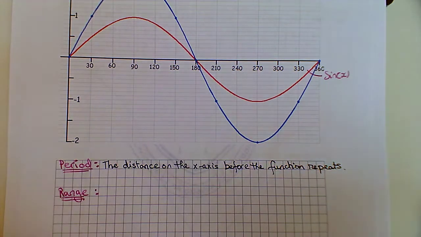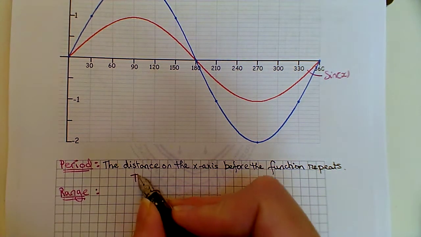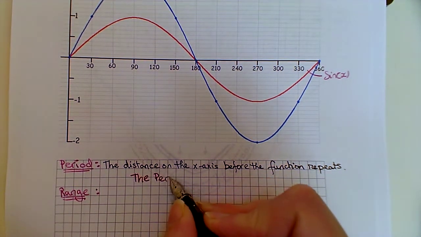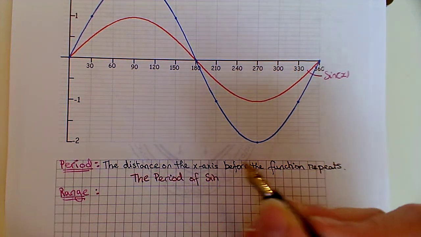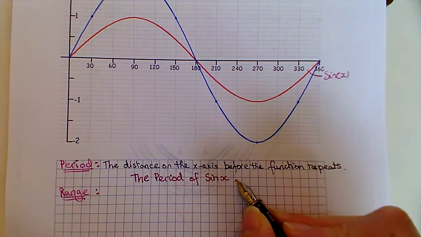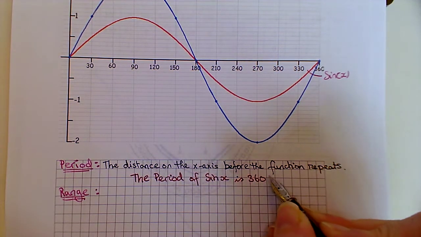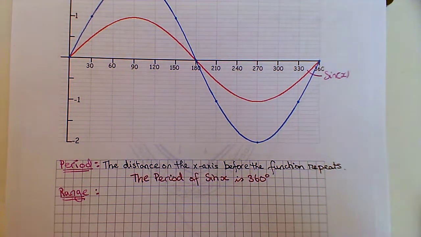The period of sine of x, or sine of theta, doesn't matter, is 360 degrees. It means it repeats every 360 degrees. So we need to know that as a fact.